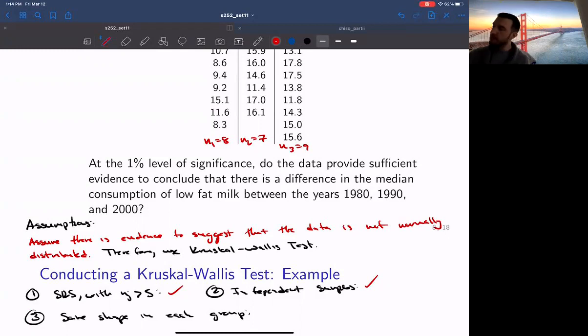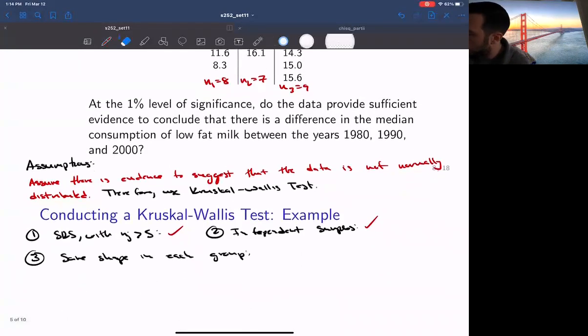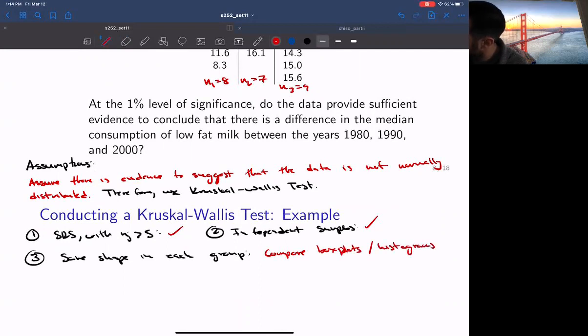And then for the same shape one, we would actually have to check this. So we could do things like compare box plots or histograms for each group, or for each year.